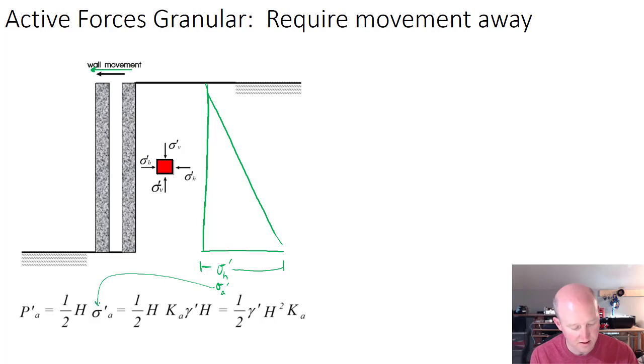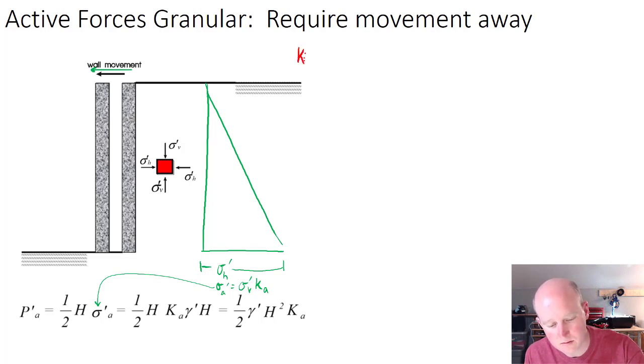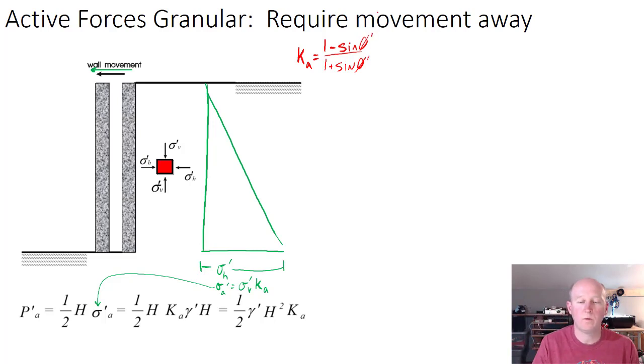We're going to calculate that, and the way that we get that is by calculating the vertical effective stress, and then multiplying it by the value of K active. To get K active, we use this equation. We went through how to get this. These are effective friction angles. We went through how to get this based on Mohr's circle last time.